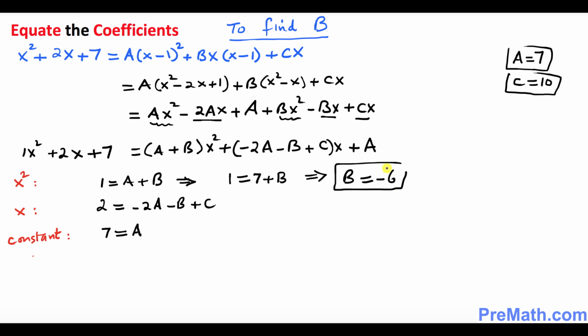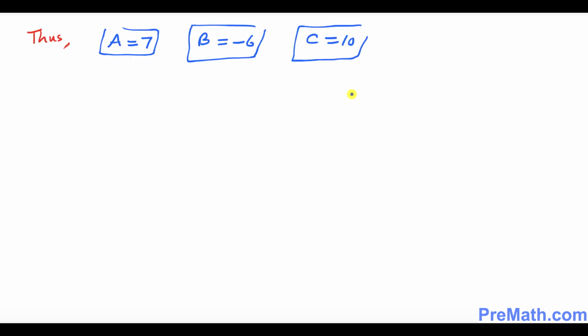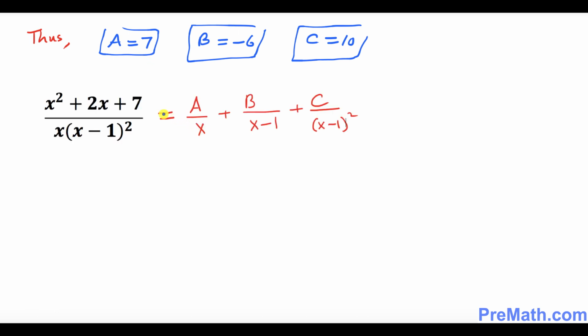We got our value. Thus we finally found our A, B and C values. So for our partial fraction, wherever you see A, replace it by 7, replace B by negative 6, and finally C by 10.